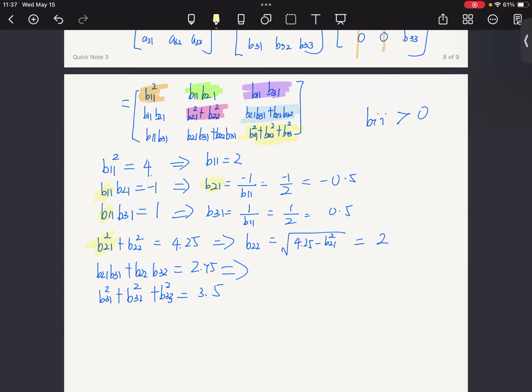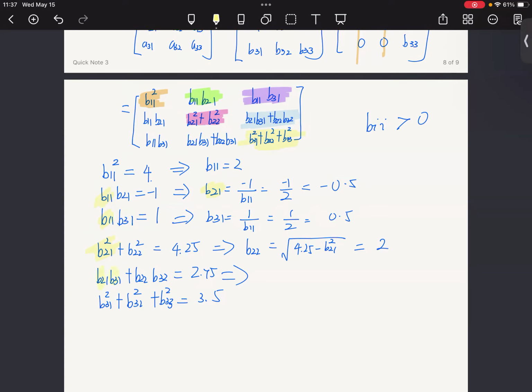For this equation, this position is 3,2, so we are going to solve for the B32. B21 we know from here, B31 we know from here, and B22 we know from here. All these values we solved before this equation, so we already know them, and we just need to substitute all the values here.